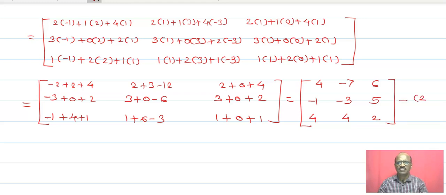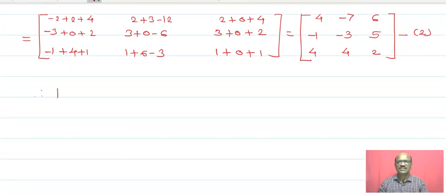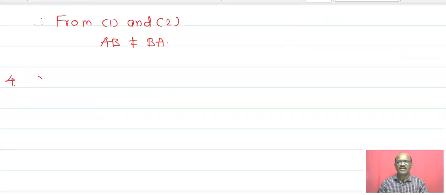This is number 2. We'll see that from 1 and 2, AB is not equal to BA, and our conclusion is that matrix multiplication is not commutative.